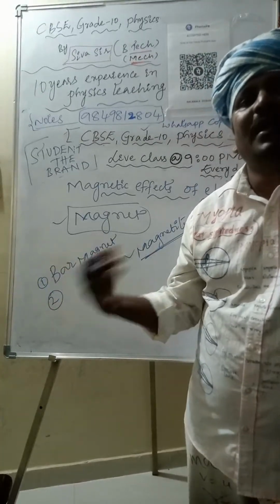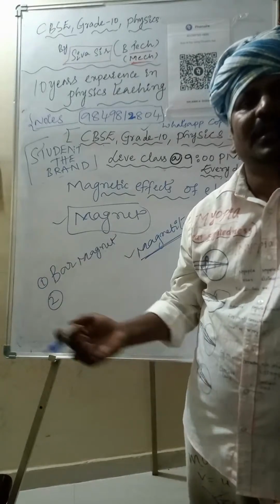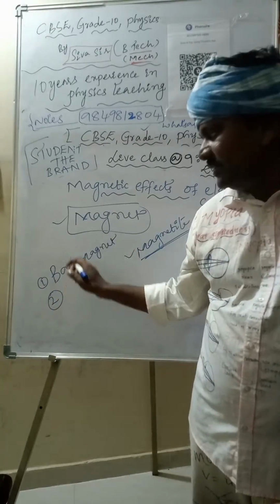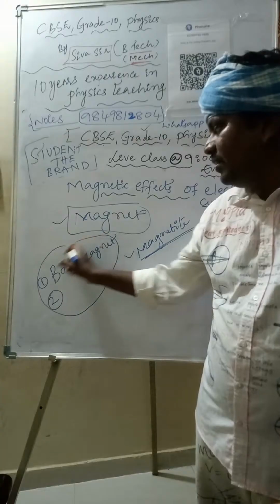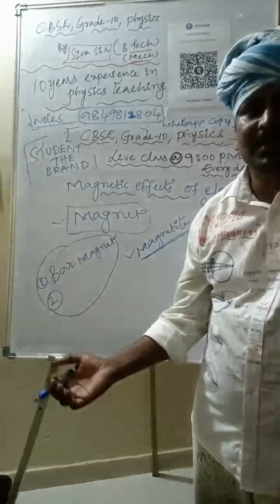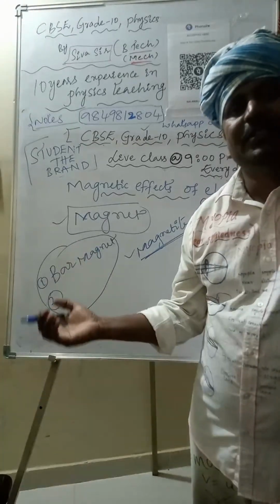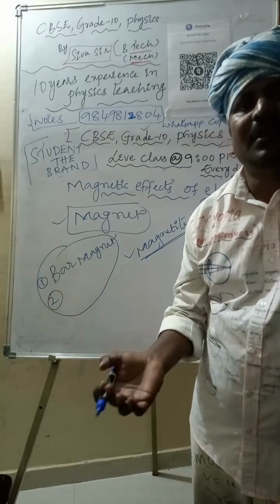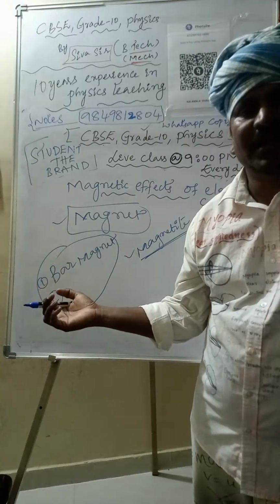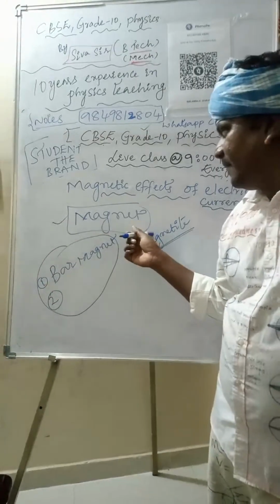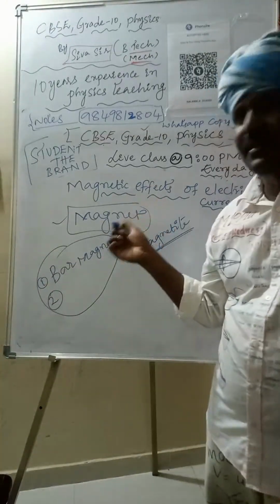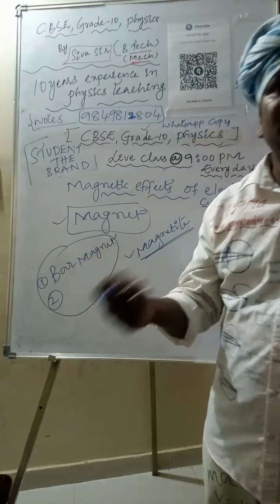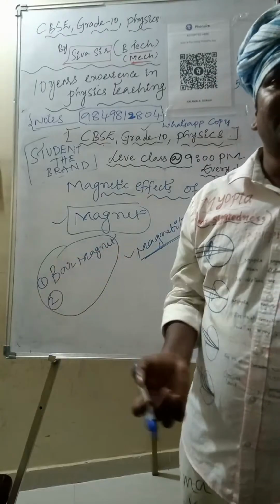Many different types are there. Magnets made by humans are called artificial magnets. For natural magnets, we can take magnetite, which occurs from the earth's crust.